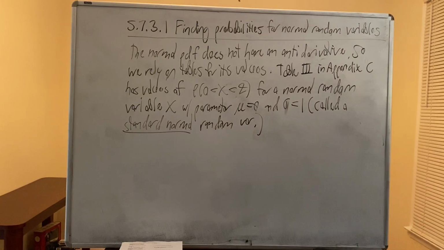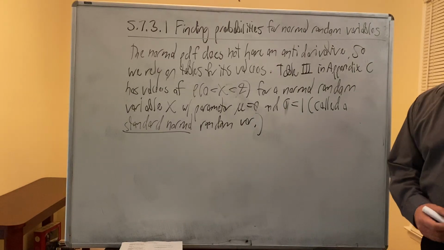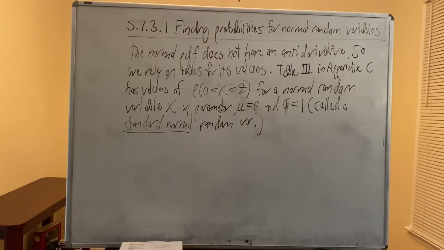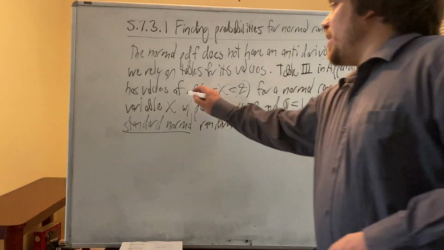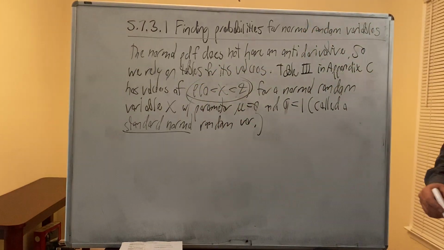So you just use table 3 to calculate the values of these probabilities, because you can't integrate it because it doesn't have an antiderivative.